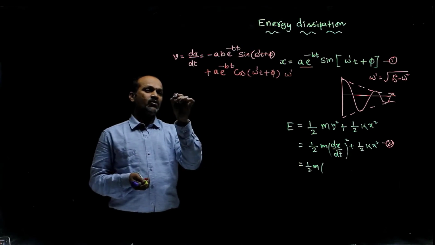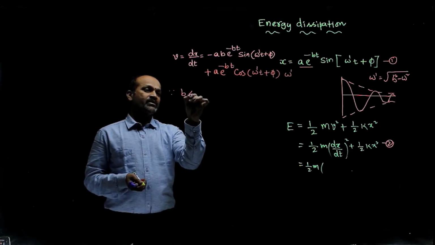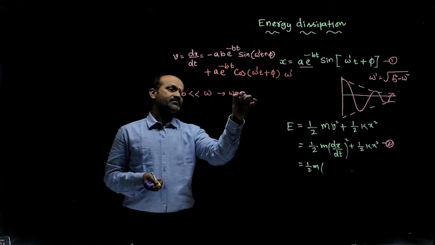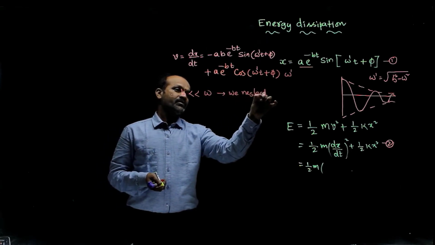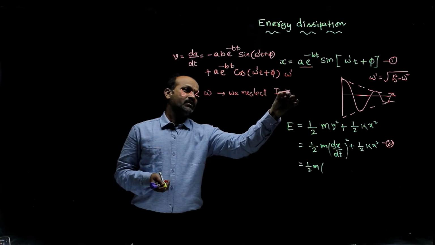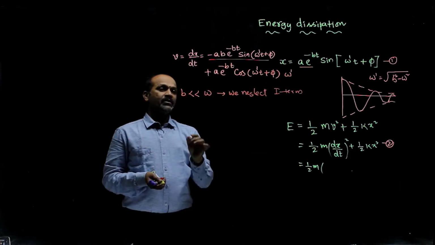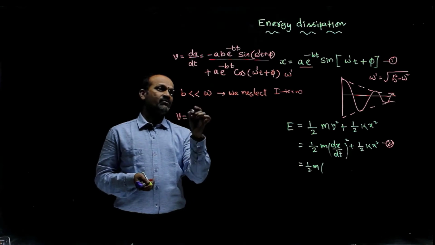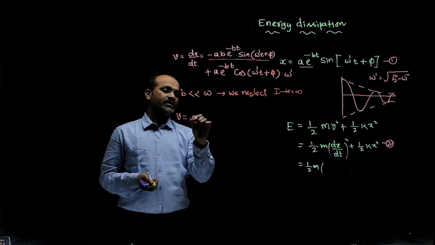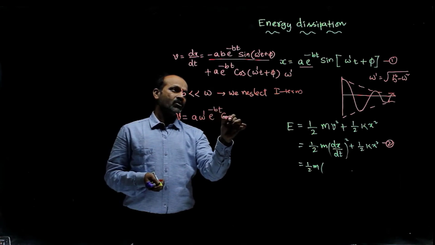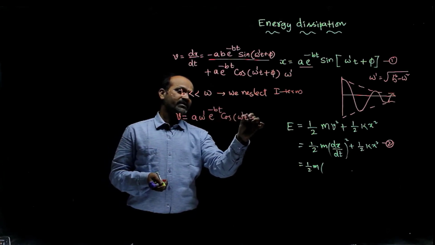Since b is small, b is less than omega, we can neglect the first term in the above equation. This term we can neglect, right? If we neglect it, we have a omega dash e power minus bt cos of omega dash t plus phi.